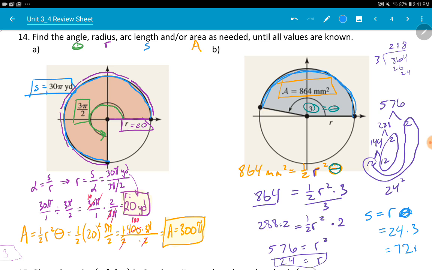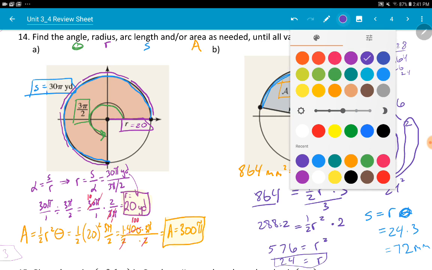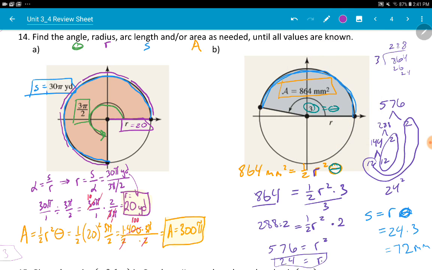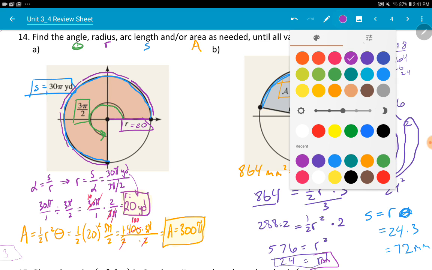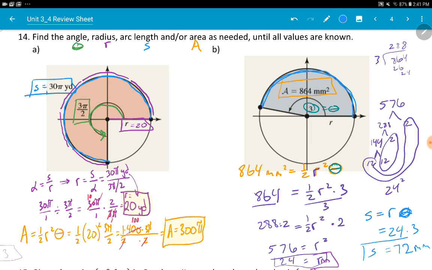And our units are millimeters. The units on the radius are also millimeters. So there's my final answers. Although this one's kind of messy, I'm just going to fix that. So this should be millimeters. Final answers.